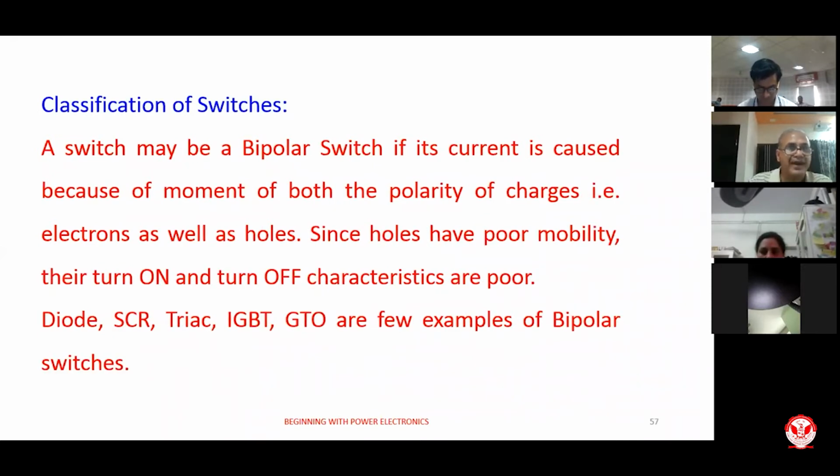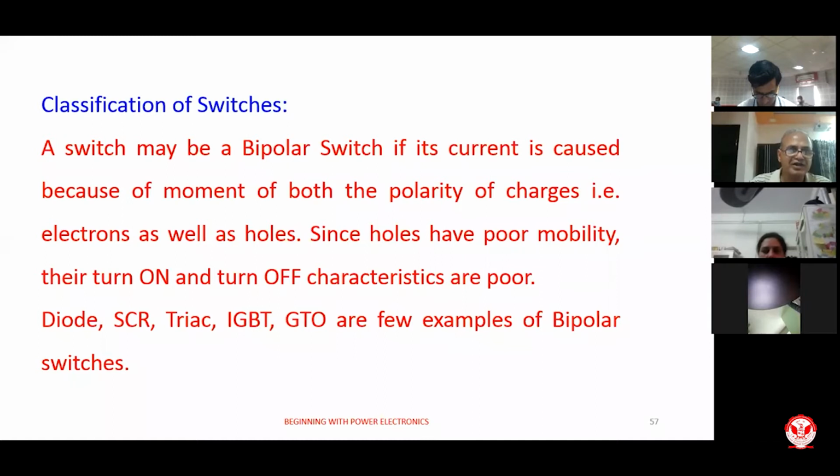A switch may be bipolar, as we said, where both electrons and holes are involved in causing the load current to flow. Since the mobility of holes is extremely poor, such switches where bipolar conduction is used have poor dynamic performance. The frequency to which they can be used for switching is low.